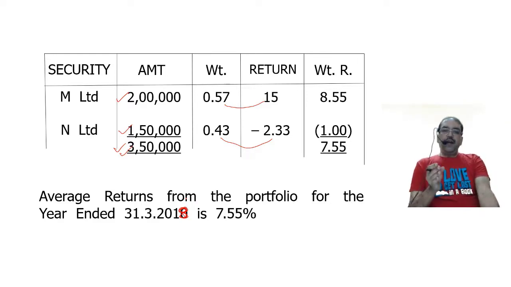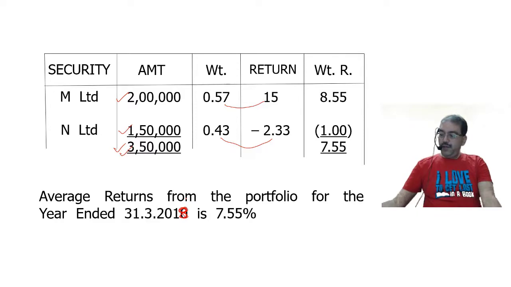For the second year ended 31st March 2019, what will be P0? P0 for the second year will be P1 of the first year. Whatever was the closing market price for the first year will become the opening market price for the second year. Closing market price has to be calculated. How? I have told you how to calculate the closing market price: each probability multiplied to the price.